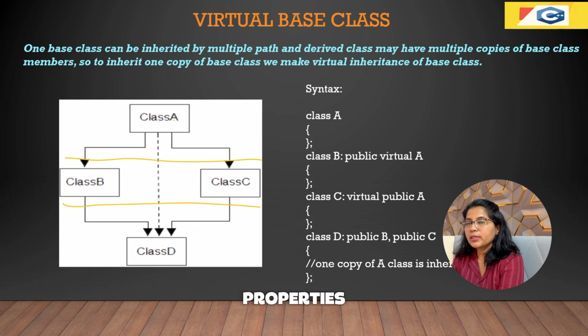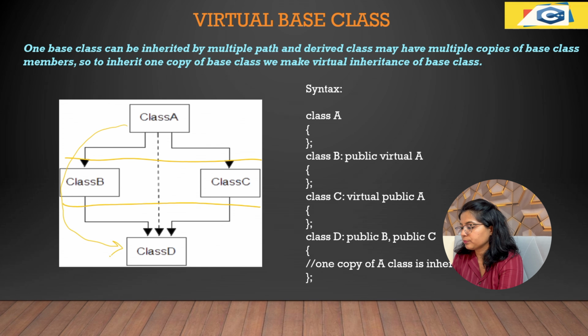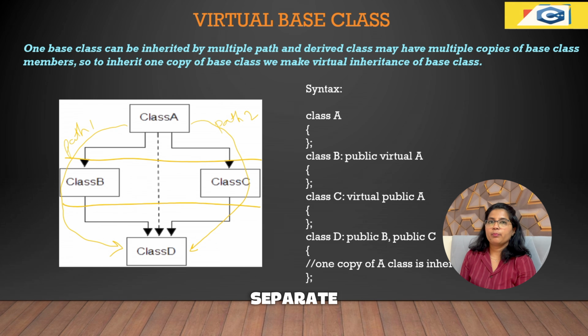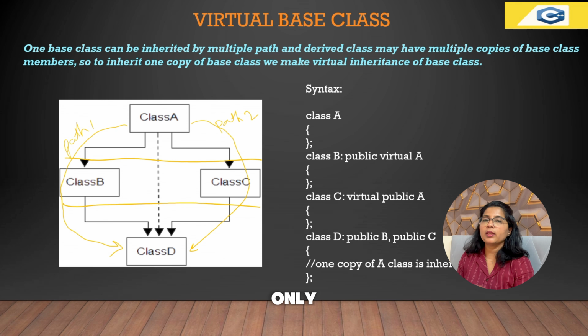So the properties, the data of class A is inherited via class B, that you can say via path 1. The data of class A is inherited to class D via path 2, that is via class C. So now when we have two separate paths going to only one derived class, what is the meaning of this?